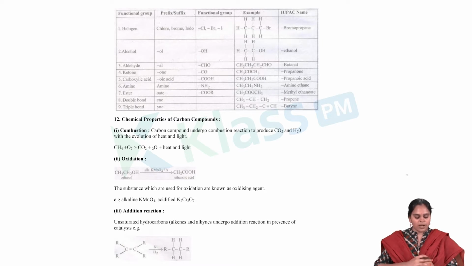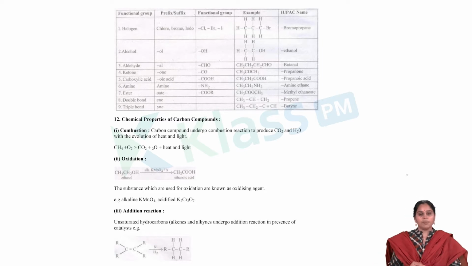If you see the formula CH4, that is methane, plus oxygen O2, it gives you carbon dioxide and H2O plus heat and light. Coming to oxidation, if you take ethanol, that is CH3CH2OH, and add KMnO4, that is the oxidizer here, it gives you ethanoic acid, that is CH3COOH.